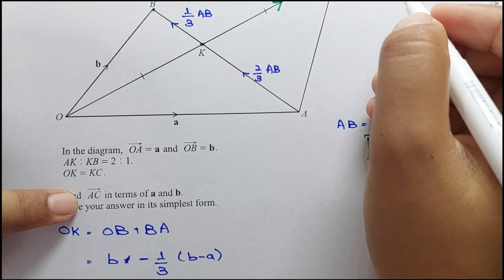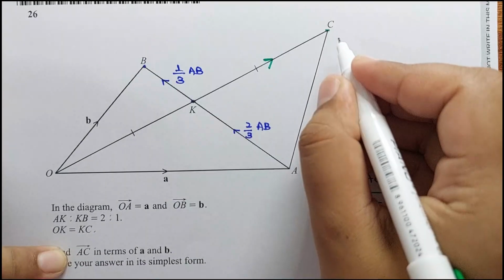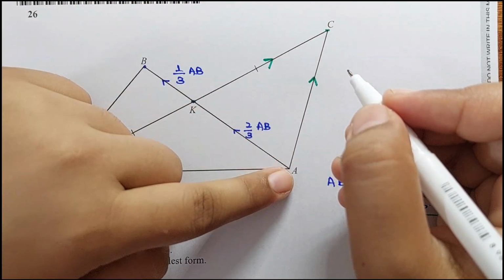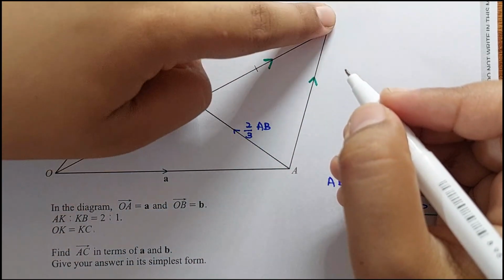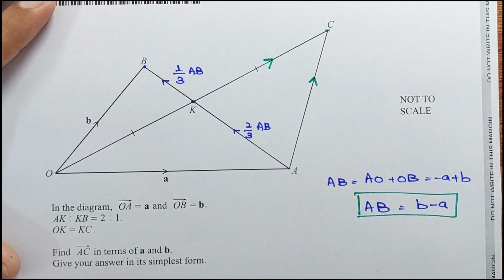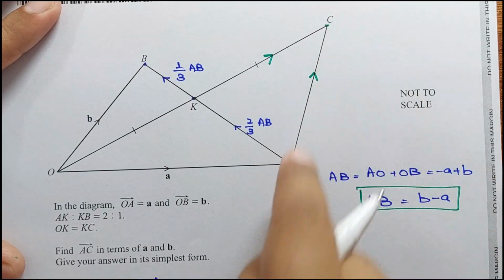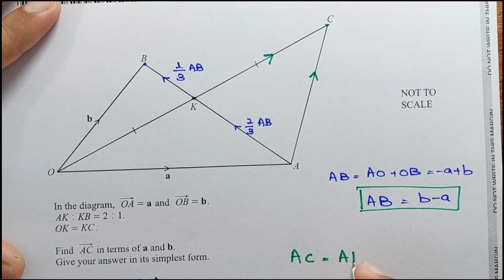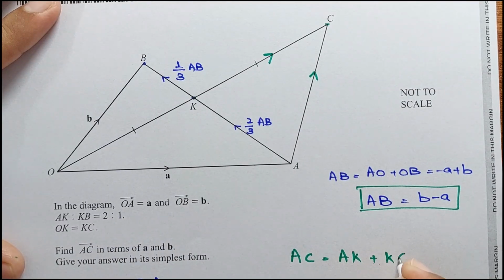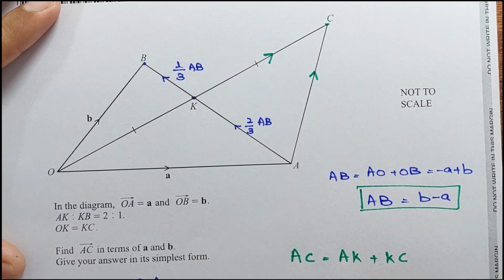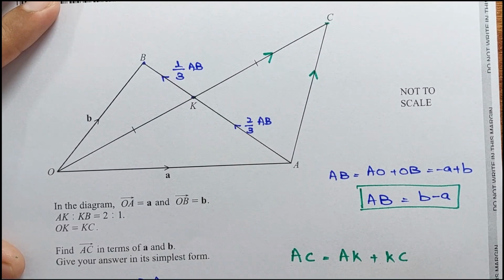Okay, now the question is find A to C. When you're moving A to C, you have to move A to K and then K to C. What is AK? 2 by 3 of AB, which is 2 by 3 of b minus a.